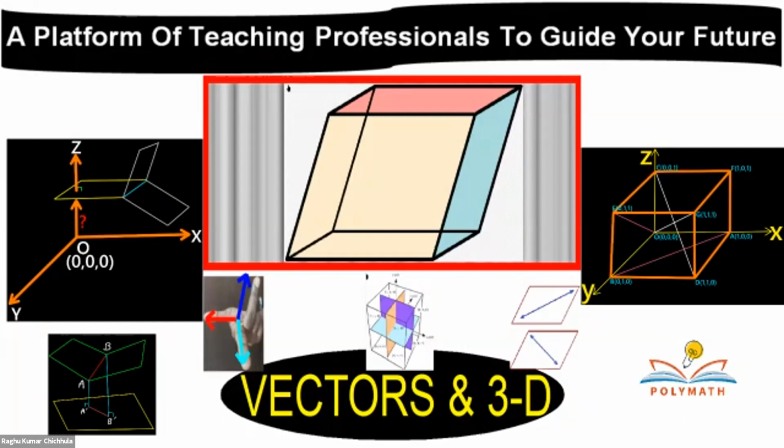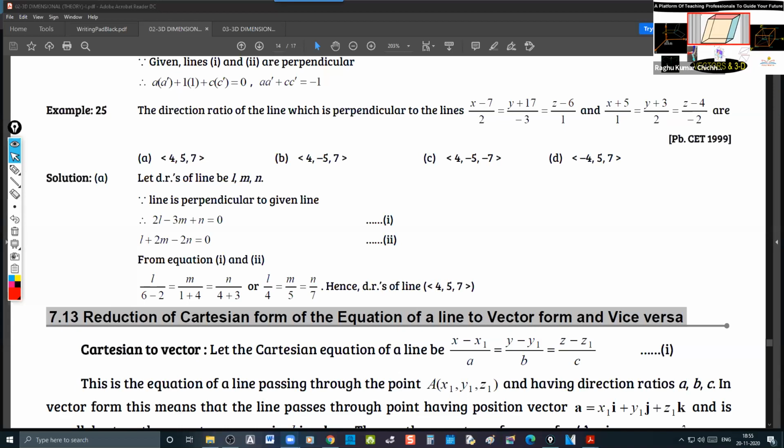Now, if you see the last problem we have seen, let me share the screen. The direction ratios of the line which is perpendicular to the lines.